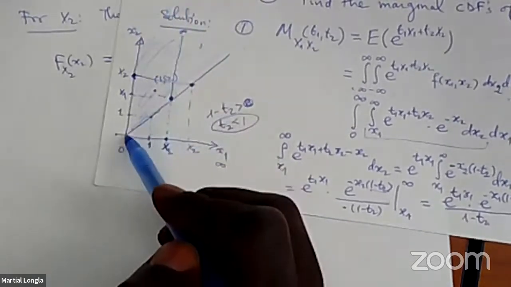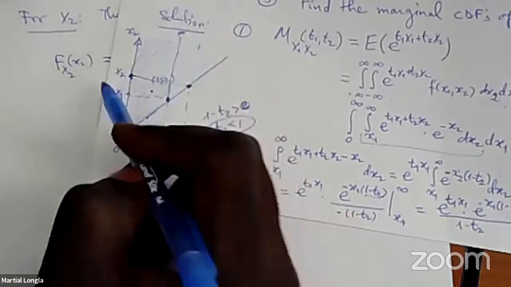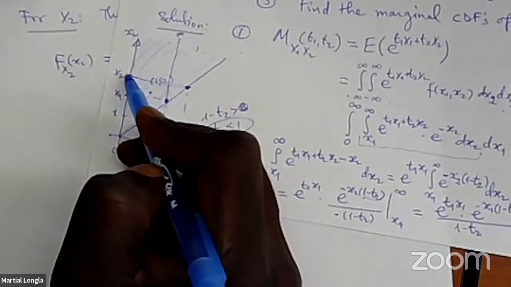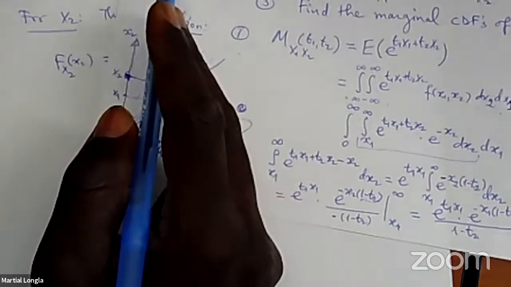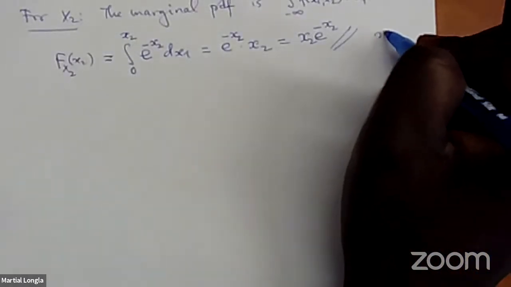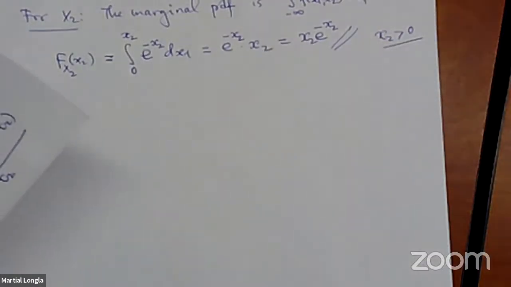That's where you're fixing x2. x2 is anything from 0 to infinity. You fixed it here, but you're choosing this thing that you're fixing from 0 to infinity. That's why the range at the end here is just x2 larger than 0, because you're fixing it from 0 to infinity.